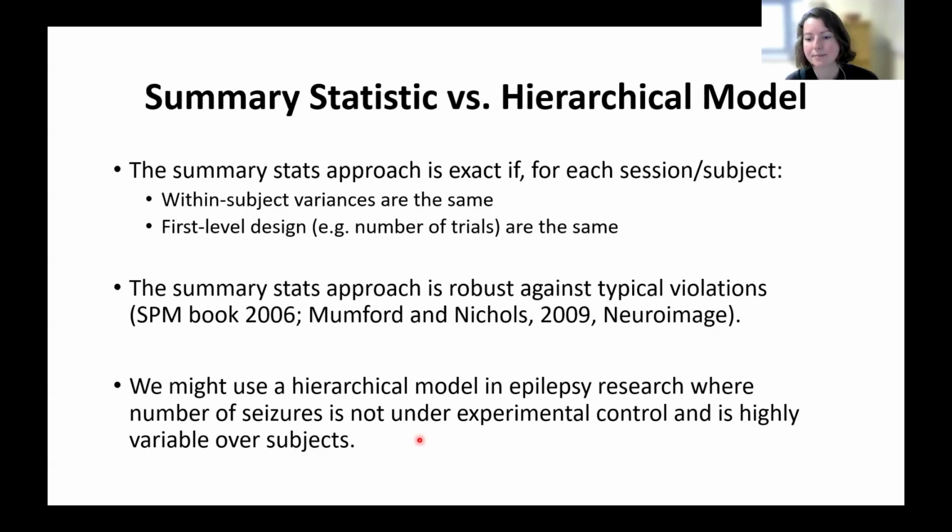In that case, it might make a lot of sense to think about hierarchical models where you take this variation into account. You might like to think about your own research and whether there are cases where there is a big difference in the number of trials or within subject variance between the participants, and whether hierarchical models are a better fit for your data. But in general, the summary statistics approach works pretty well.